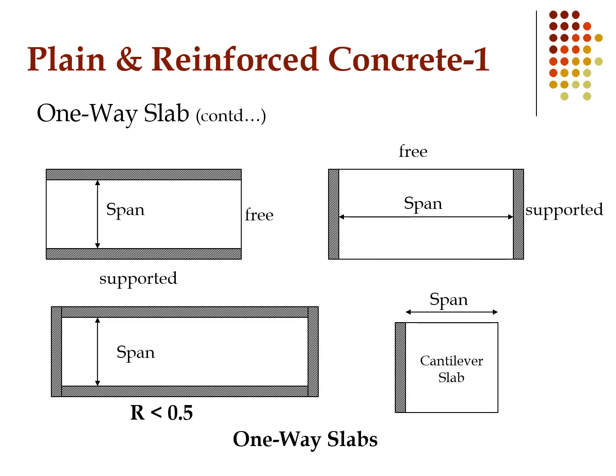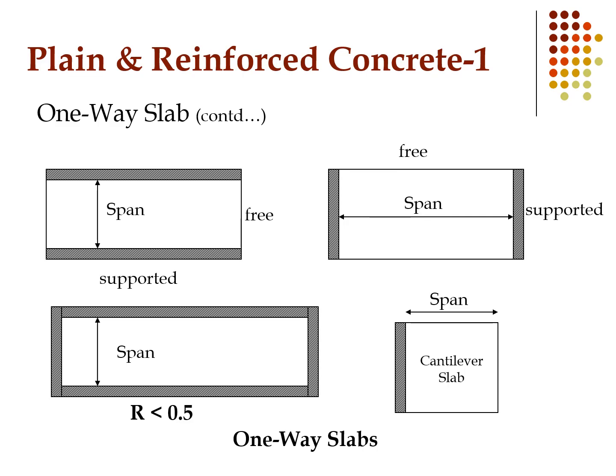Now in case of a one-way slab, how do we decide the span? Span is important because we will put our main reinforcement parallel to the span. So let's say we have a slab where this one is the smaller side and this side is the larger side, and our slab is supported on the longer sides and only two sides are supported.